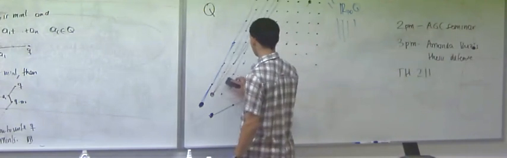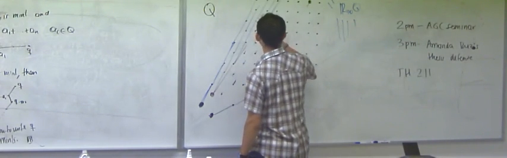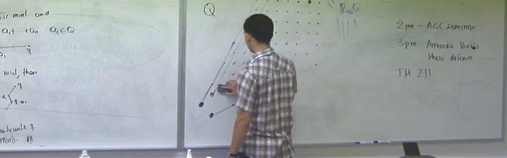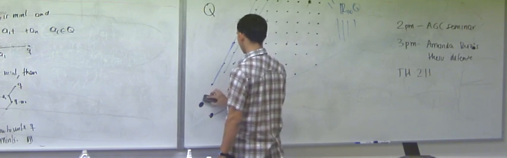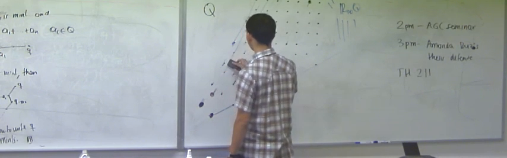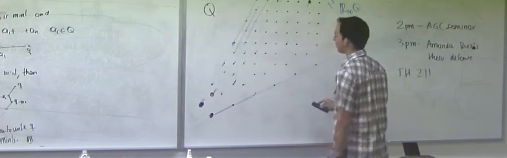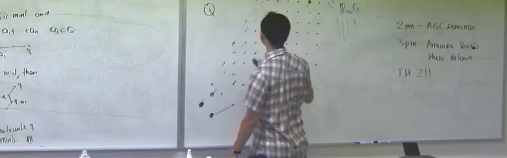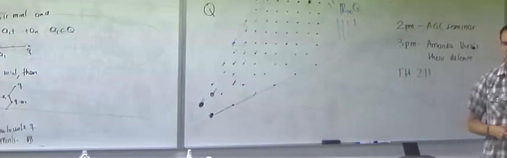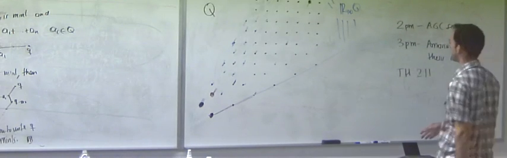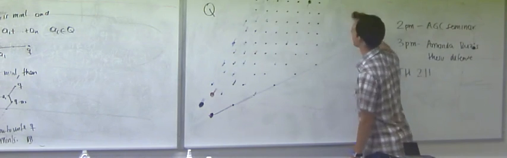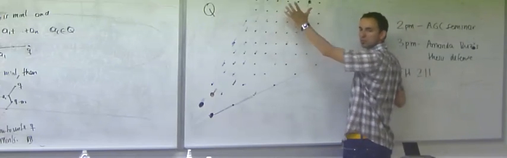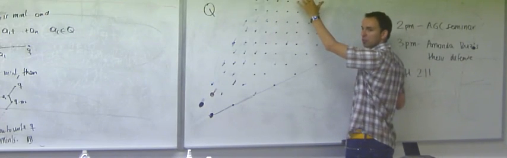So that's the first thing that I wanted to tell you, is that these guys have a unique minimal generating set. Okay. Now I want to do something else. And that is that, do you see kind of the long-term behavior of this semigroup? Do you see how it kind of becomes periodic? I mean, if you look around here, all the points in Z2 are in the cone, are in the semigroup, sorry.